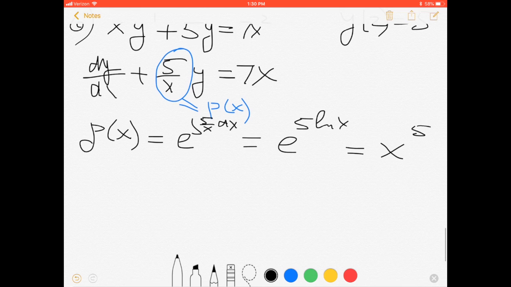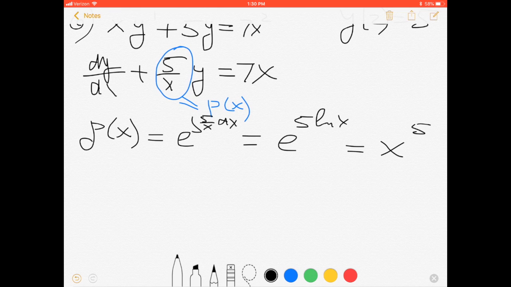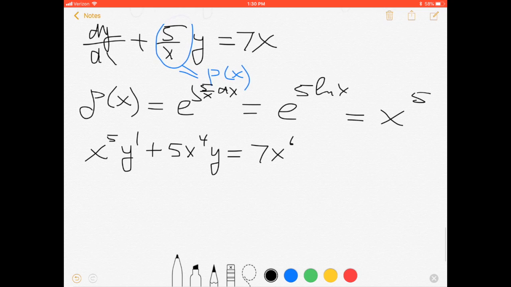Okay, great. One more time, remember, multiply your equation in standard form. Don't work with the first equation. This means we have x to the 5th y prime, or dy/dx, it's no big deal, plus 5x to the 4th y equals 7x to the 6th. Great.